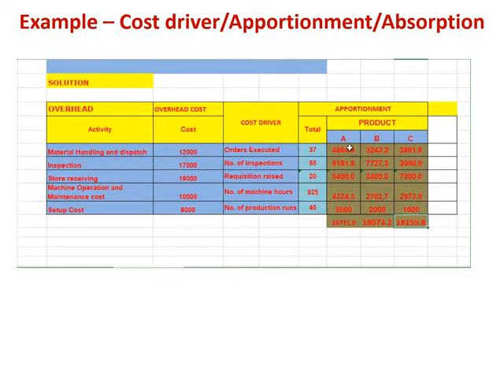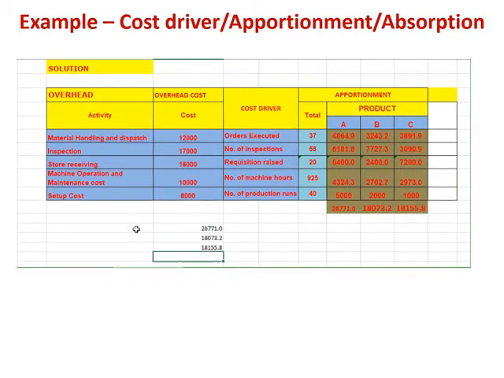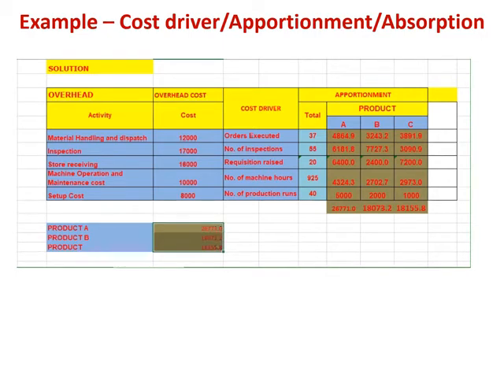So now the answer is for product A, this for product B, this, and for product C, after apportioning, you get product A, product B, product C. The cost for product A, B, and C is found out.